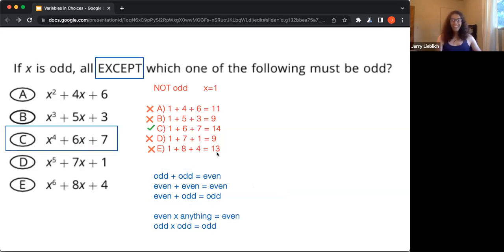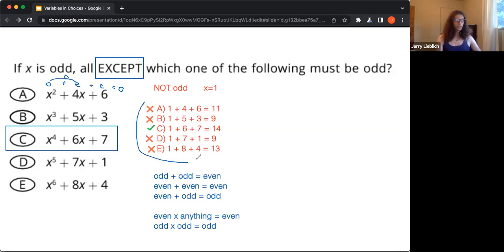But anyway, I might know these and I might do an analysis here and say, all right, if x is odd, well, x squared, that's odd times odd. So this would be like odd plus an even plus an even. All right, so then odd plus an even is odd. But I'm just thinking so much more. And I could do this for all of these, but oh man, I think that's pretty annoying.